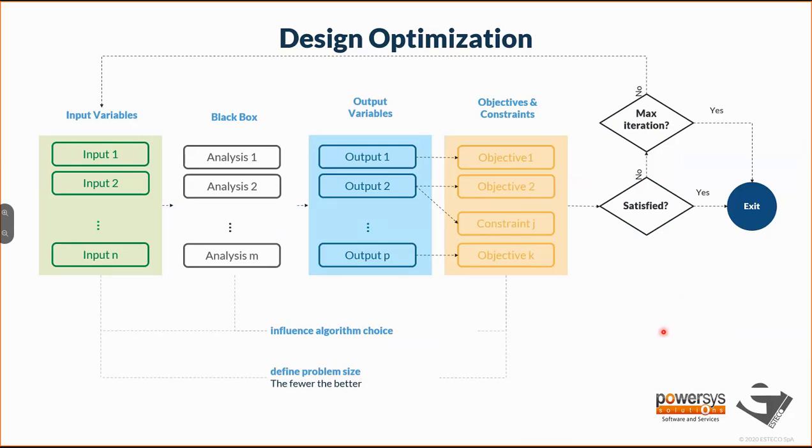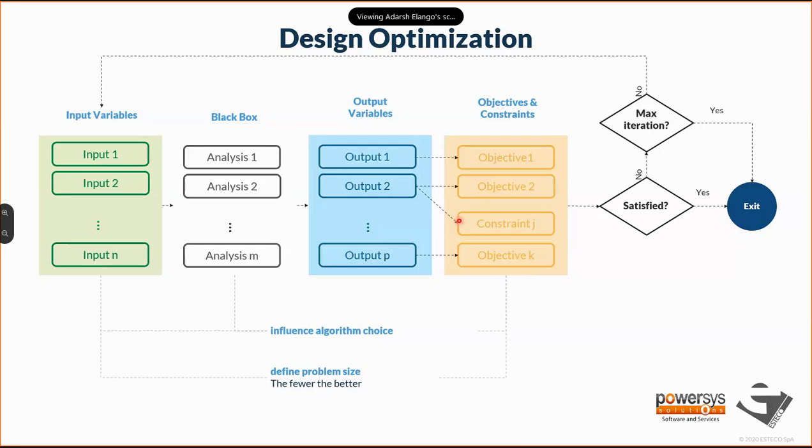So this is a snapshot of how a design optimization loop looks. Here you have your various black boxes or processes defined, and they could be either in parallel or in series, whatever makes the most sense in terms of efficiency. Then you feed them various input parameters that you've parameterized within those processes and expect responses. On top of that, you apply objectives and constraints that you would like to meet.